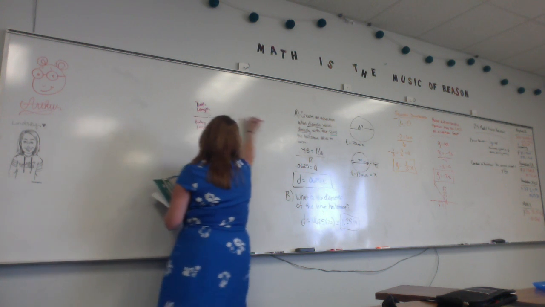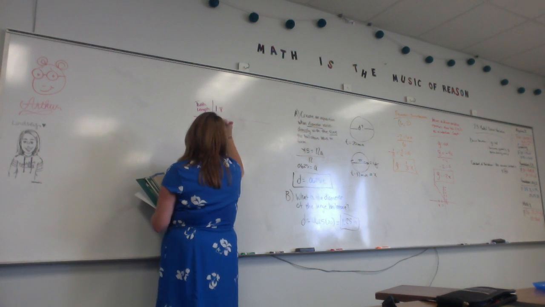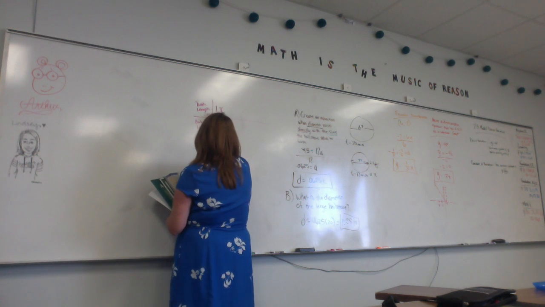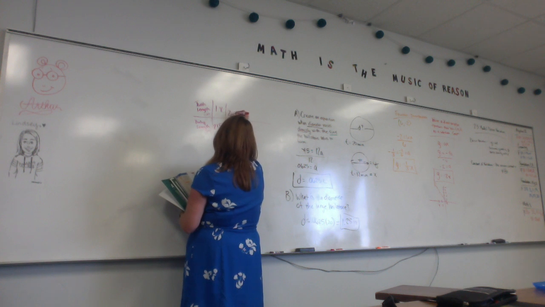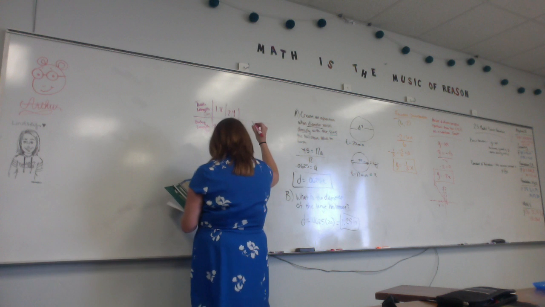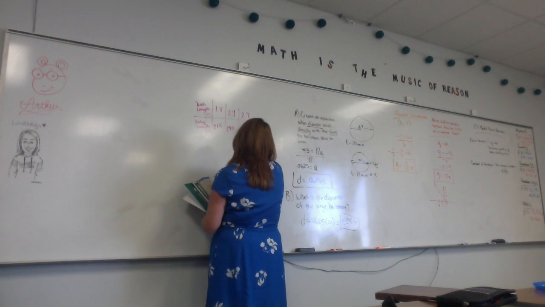The tooth length is 1.8, body is 215. These are all in centimeters, both units. Tooth length is 2.4, body is 290. Tooth is 2.9, body is 350.